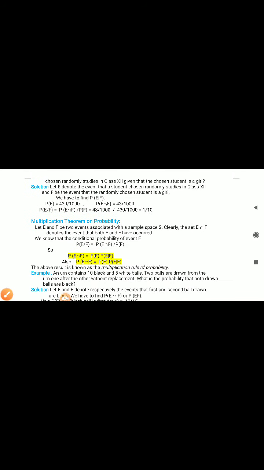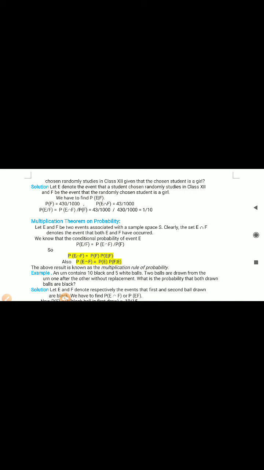Now a property, the multiplication theorem on probability. Let E and F be two events associated with a sample space S, then E intersection F is the event that both E and F have occurred.